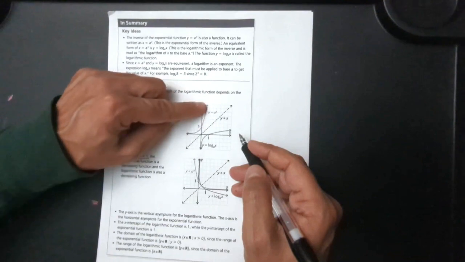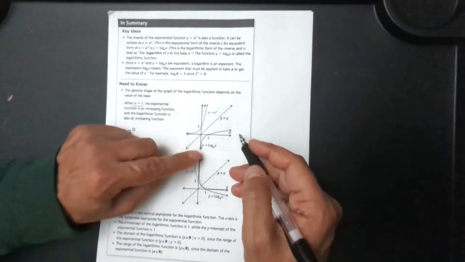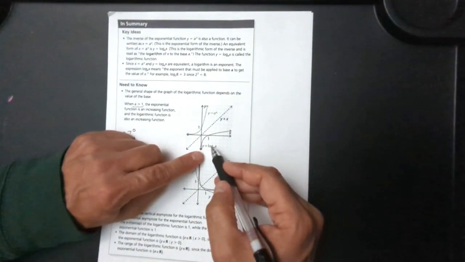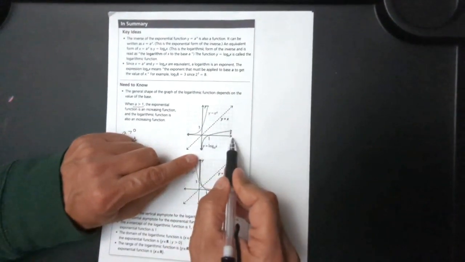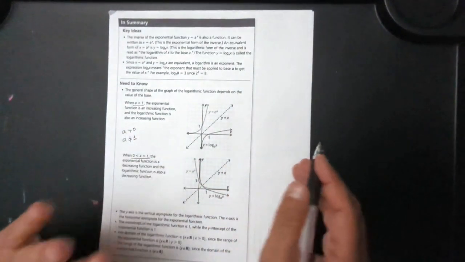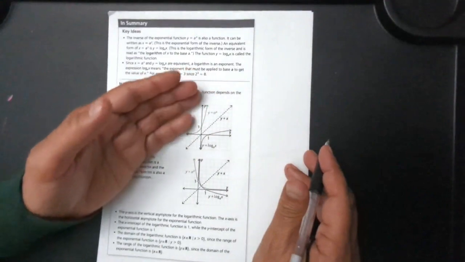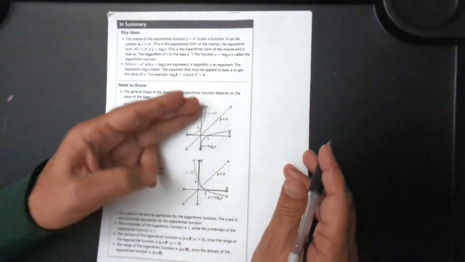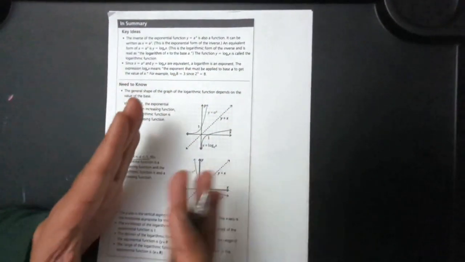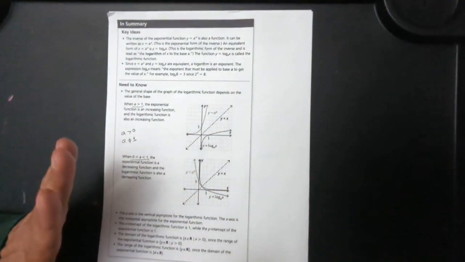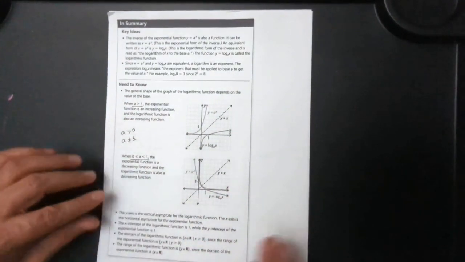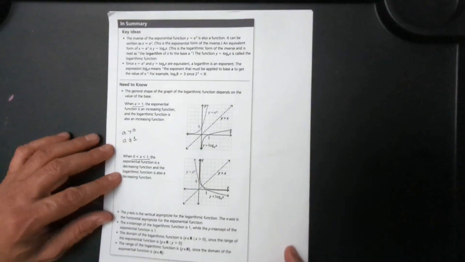All the positive y's. So the domain of the log function will be all the positive values of x. So everything switches. The range of this is the domain of this, the domain of this is the range of this. Everything is very, very symmetric and opposite, and all of that is in here.